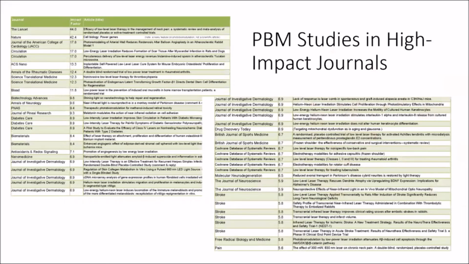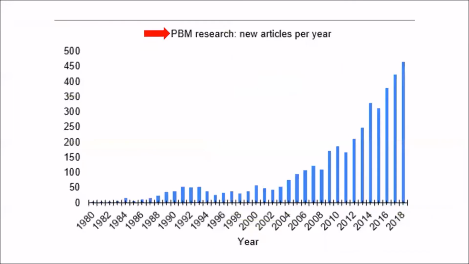In the last few years, there has been an immense growth in the number of PBM studies appearing in high-impact journals, such as The Lancet, Circulation, The Science of Translational Medicine, and so on. We see an exponential growth in the number of articles introduced into the photobiomodulation research.